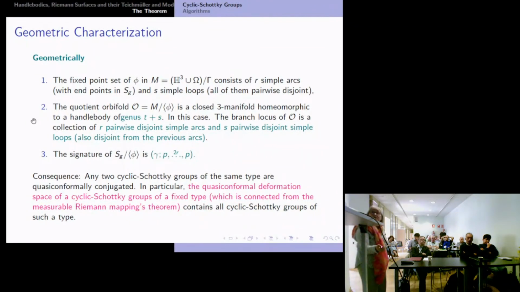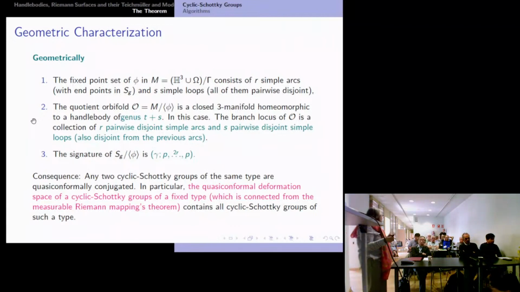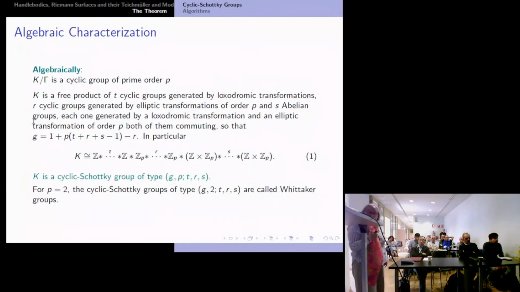So remember, this R will give us 2R cone points on the boundary, and it will also have S simple loops every time we have the rotation, and loxodromics send us to simple loops. And the orbifold quotient will have topological genus given by the loxodromic elements. So we have here T and we have here S.